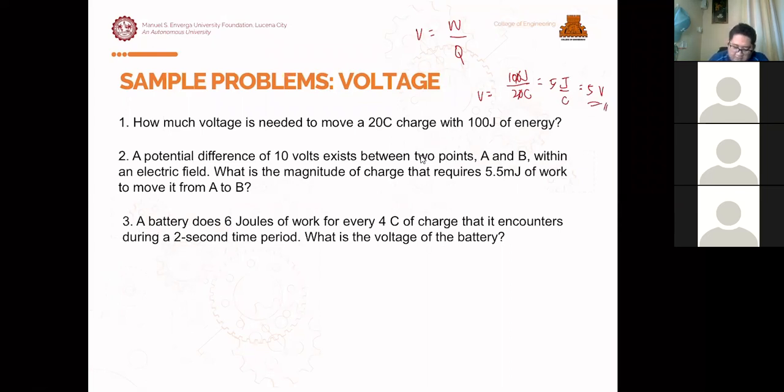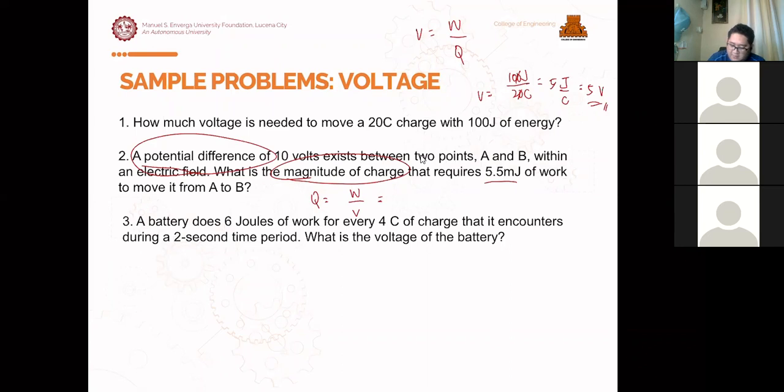Next, potential difference. So, ibig sabihin yung voltage natin exists between 2 points A and B within an electrical field. What is the magnitude of the charge that requires 5.5 millijoules of work to move it from A to B? Okay? So, ang pinapahanap is magnitude of charge. So, yung Q natin. So, Q natin is equal to W over V. So, convert lang natin into standard unit.